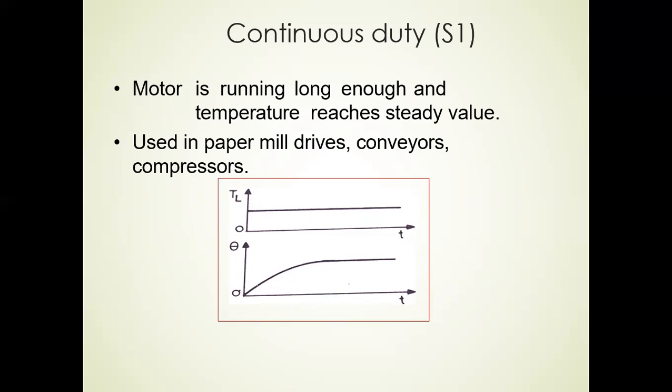For example, paper mill drives, conveyors, and compressors. These machines and drives operate for a long duration of time. So this is the temperature characteristic and the continuous duty characteristics of that particular machine.